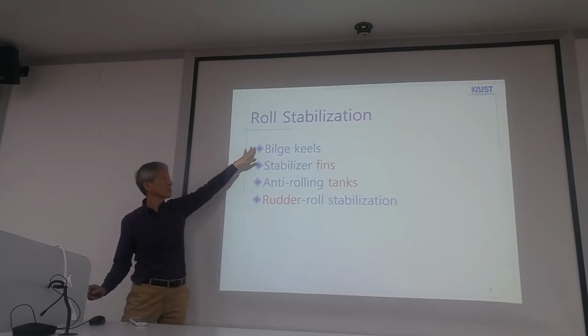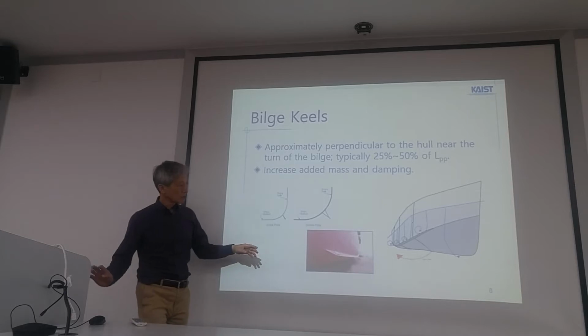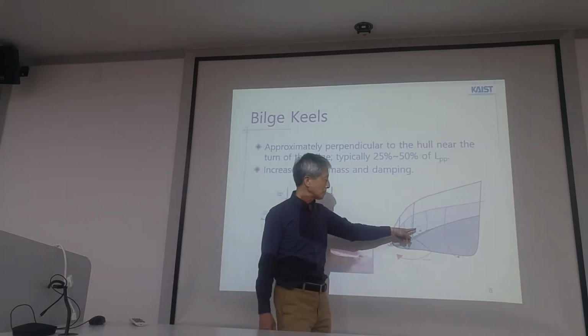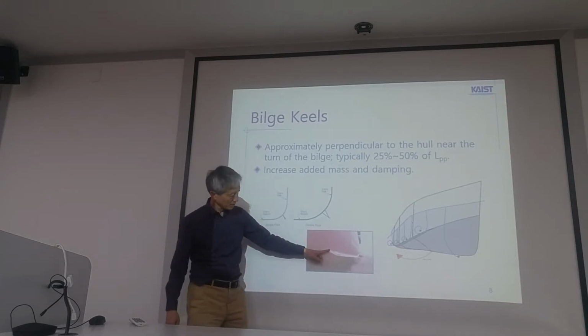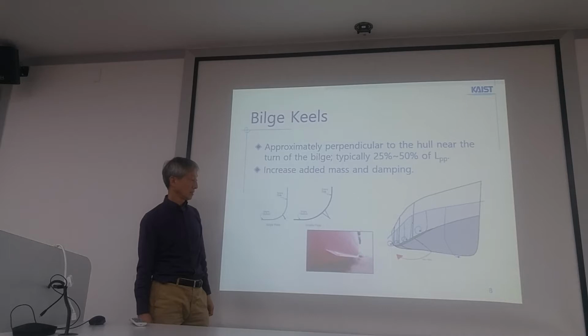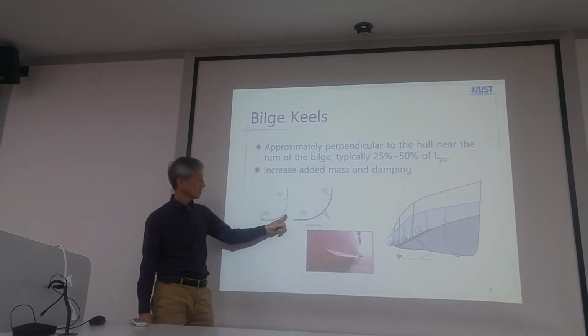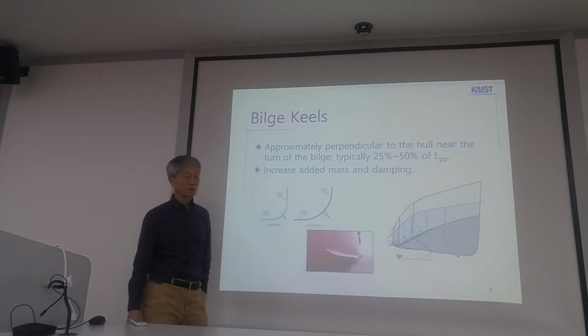Also including bilge keel. Bilge keel is for small ships. Every small ship has such a fin, an additional small attached fixed one, not moving, right? Like this one. So when it is rolling, it gives resistance.